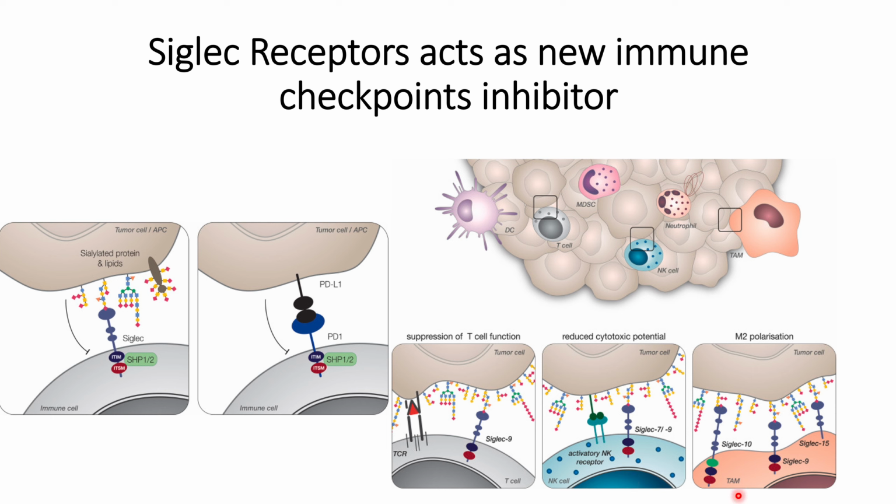And then the tumor associated macrophages. In this case, Siglec receptors interact with the overexpression of sialic acid on the tumor cells, and this interaction leads to the polarization of tumor associated macrophages into the M2 phase.